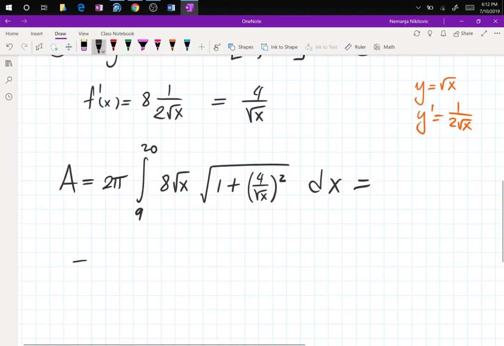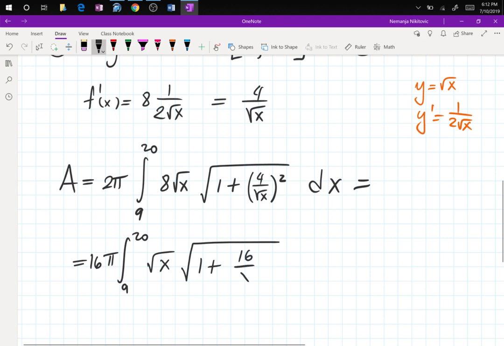So do some algebra, do some calculus, and you're done. Kick 8 outside, and it becomes 16 pi, 8 times 2. You still have your root x. And now you have this times the square root of 1 plus 16 over x dx.